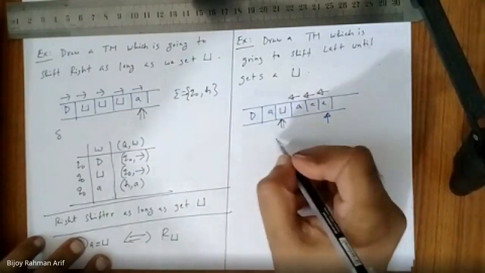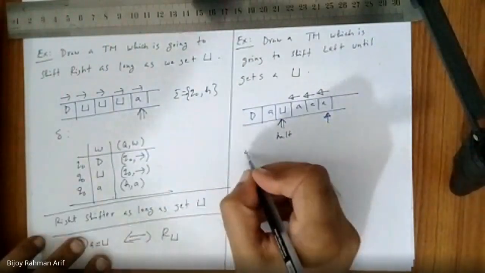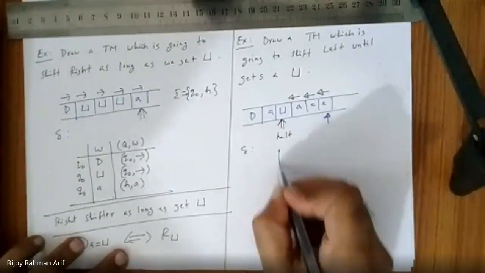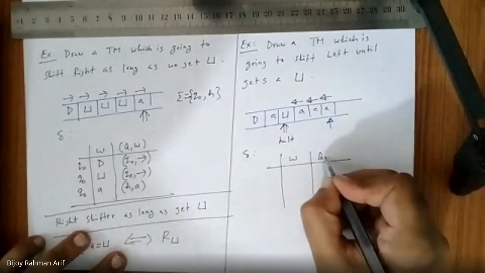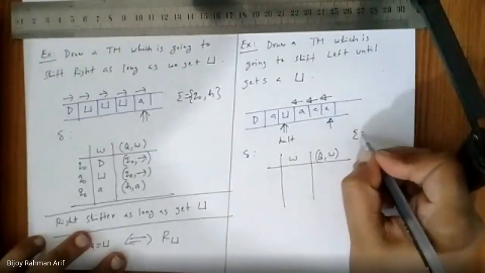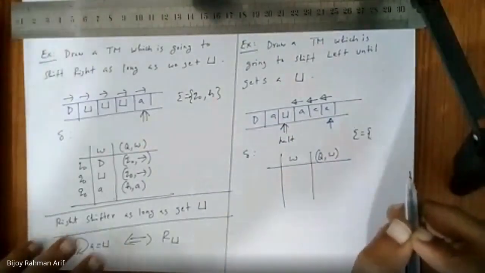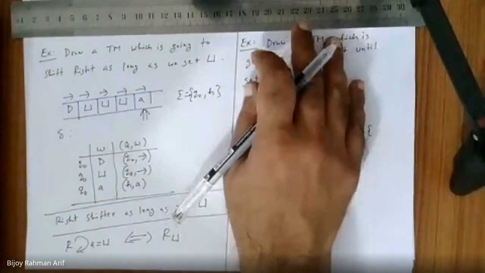I stop. I halt here. So what would be the delta for this? How many states do I require? Sir, 2 again.